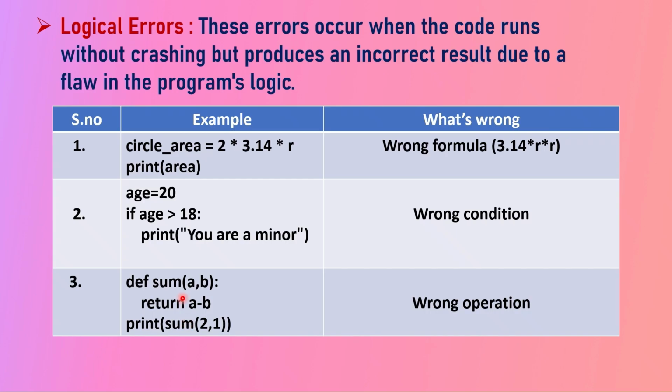In the print statement, I was calling this function by passing the a and b values. So whenever this function is called, instead of giving me the addition of two values, it returns the difference, which is a logical error, right? Here I was performing the wrong operation, and that results in a logical error. So these are some examples of logical errors, and this is all about logical errors in Python.